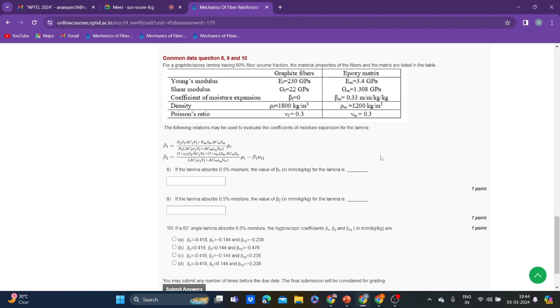You can take the value of delta Cm as equal to 0.005 because anyway the beta F value is equal to 0. That term will be 0 only. So for delta CF you are saying CM equal to 0.005.